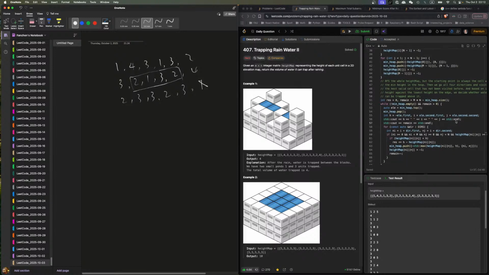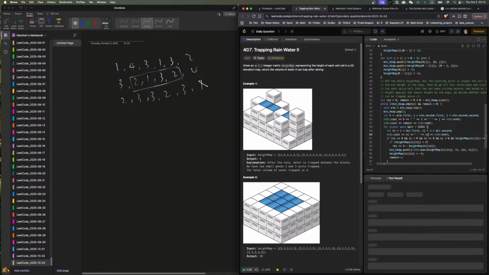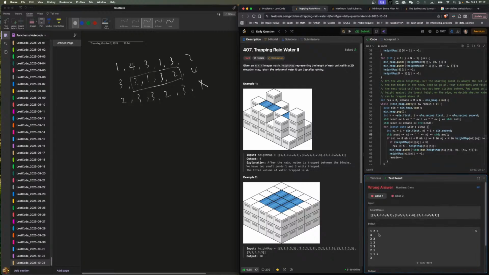What in the world? This is bonkers, man. Something is not right. And I'll figure out what went wrong.